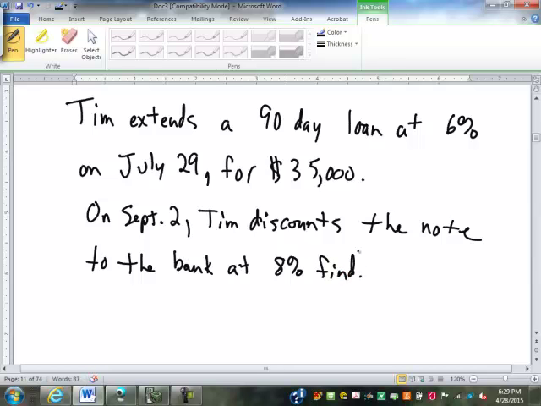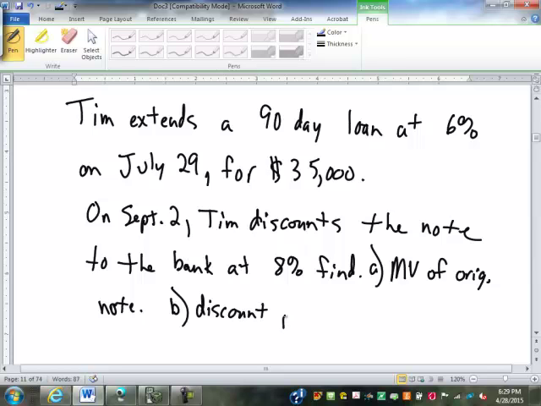Find A, the maturity value of the original note, B, the discount period, and C, the proceeds.